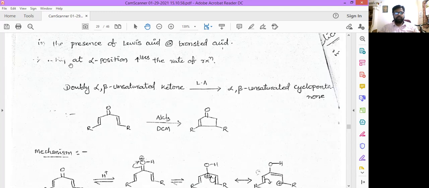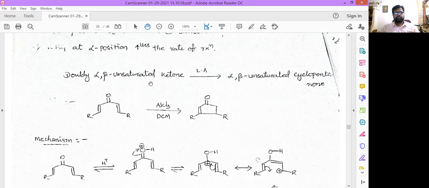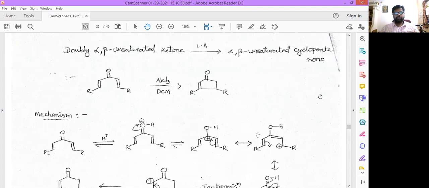A substituent at the alpha position increases the rate of reaction. Here you can see the cyclization. These two double bonds are there, and one will move towards the ring closure.